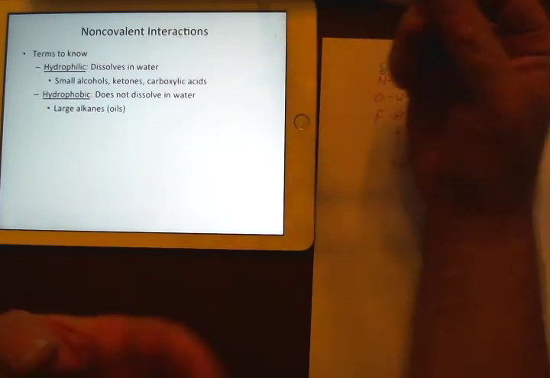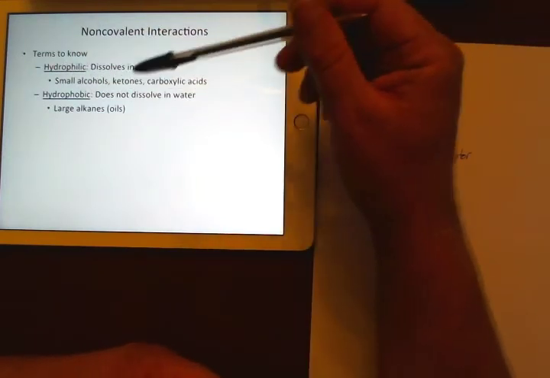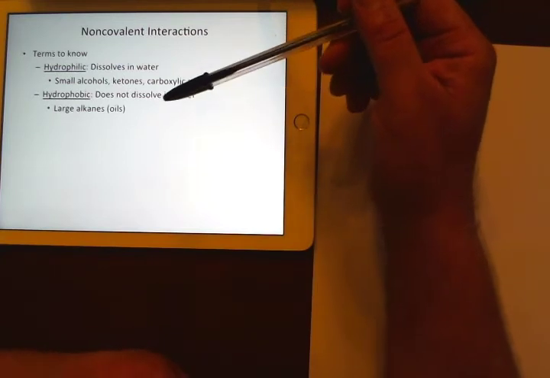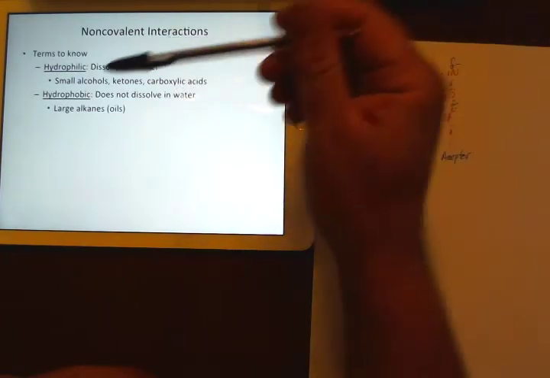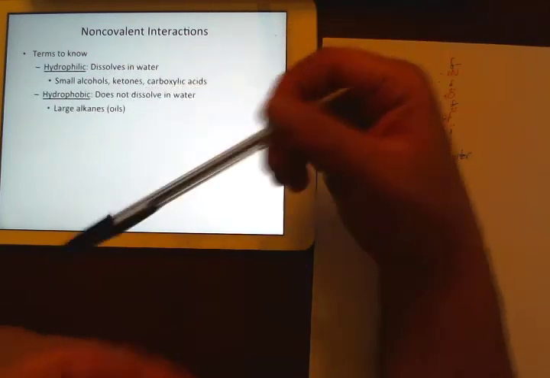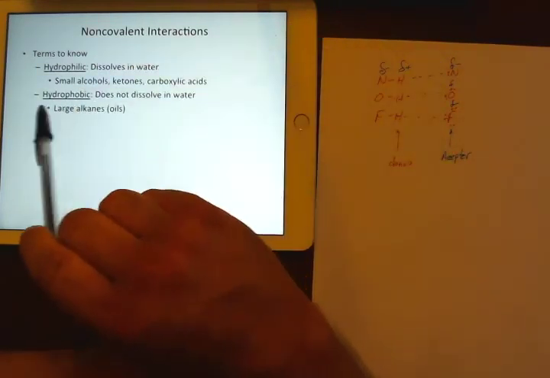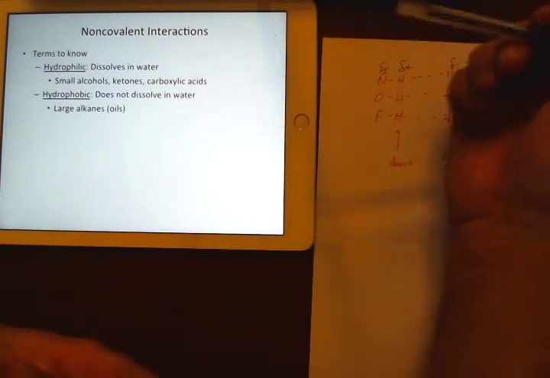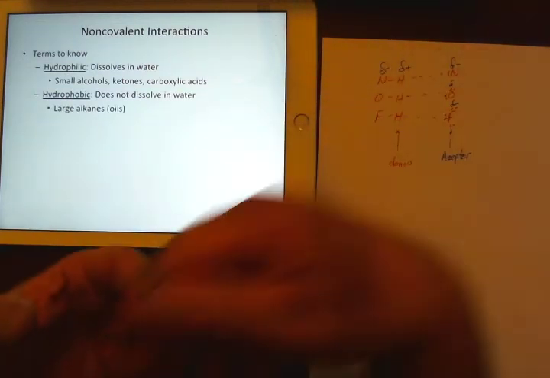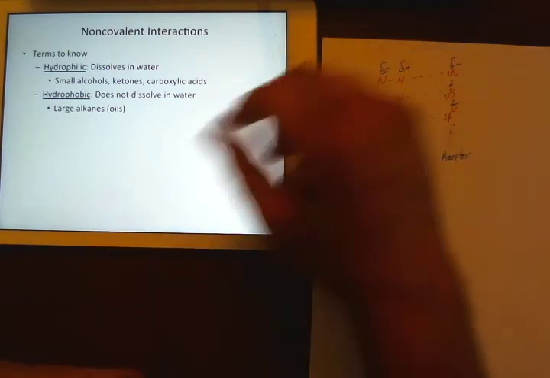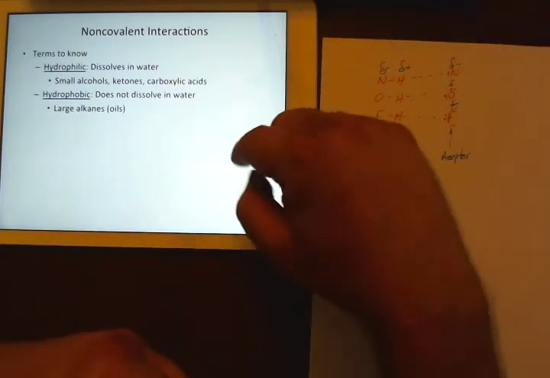Those typically are small alcohols, ketones, carboxylic acids, with very small amounts of carbon, or they have a lot of groups associated with them. Hydrophobic means water-fearing, which means they don't like water, and so these are long-chain alkanes, stuff like that. Lots of carbons associated with them, so you don't get good interactions. So oils, stuff like that.